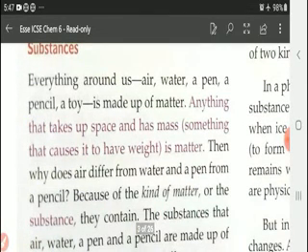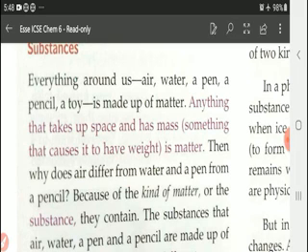Once again, listen in your book. What is the definition of matter? Anything that takes up space and has mass is called matter. Matter causes weight also. Anything that has weight is called matter.